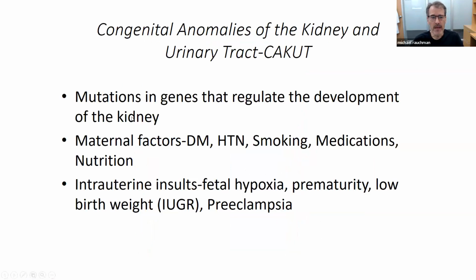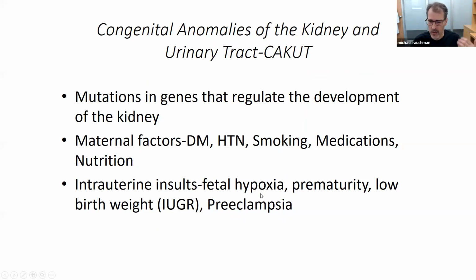So mutations in genes that regulate the development of the kidney during embryogenesis in the fetus are a very common cause of these conditions we call CAKUT. There are some maternal factors that I'm listing here that are also risk factors for some of these conditions.